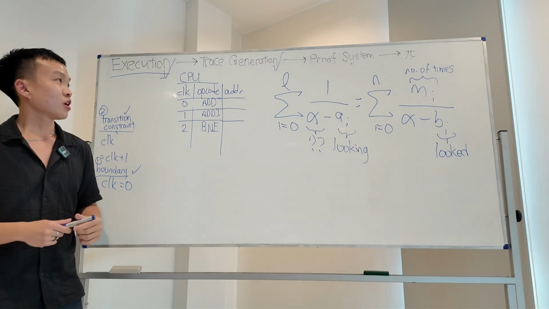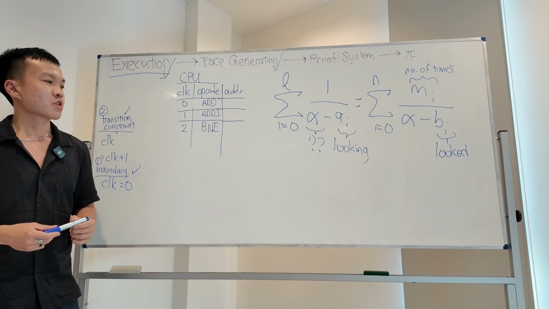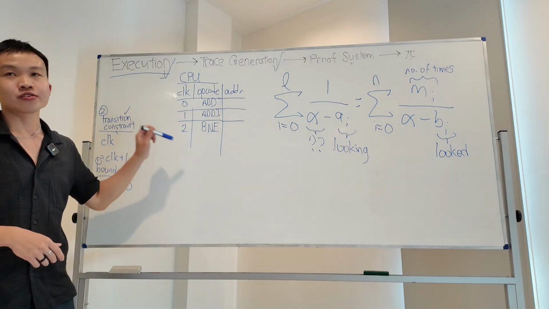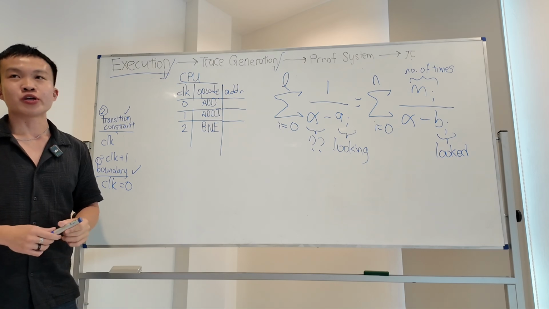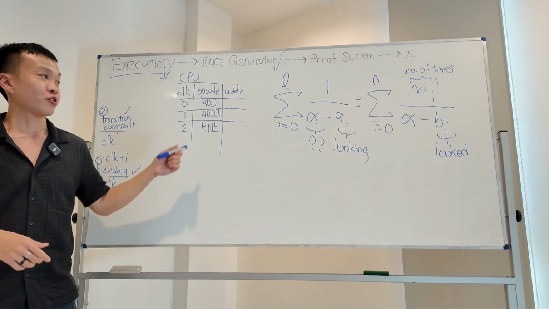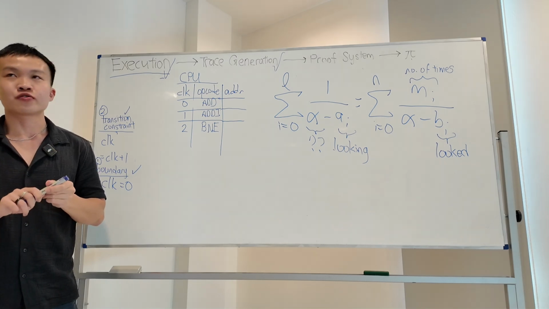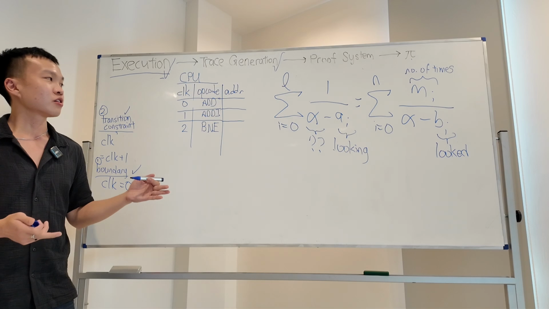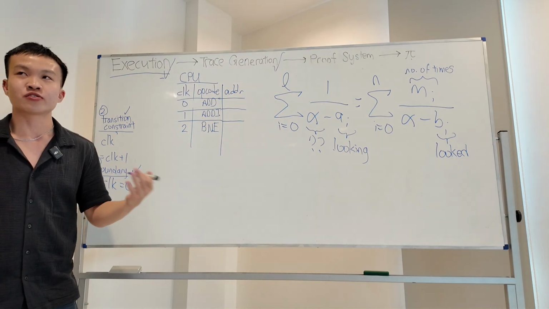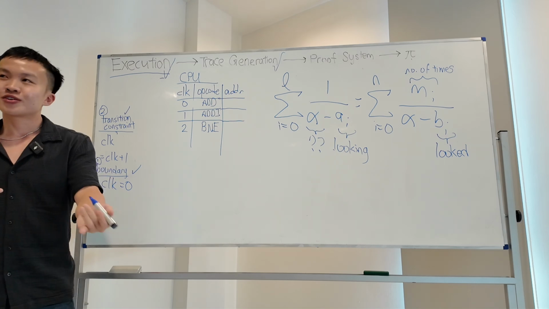So after you've generated a trace, you have to commit to the data within the trace. And a lot of zkVMs now work with this sponge construction, right? Where you absorb and then you squeeze to get output.